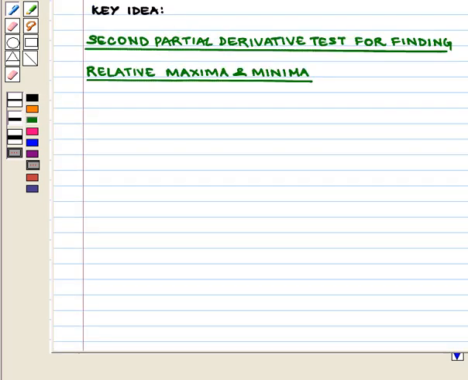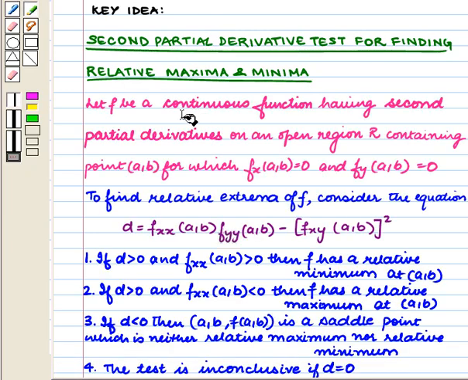We have already discussed in this chapter the second partial derivative test for finding relative maxima and minima, which says that let f be a continuous function having second partial derivatives on an open region R containing point AB for which f sub x at AB is equal to 0 and f sub y at AB is equal to 0.